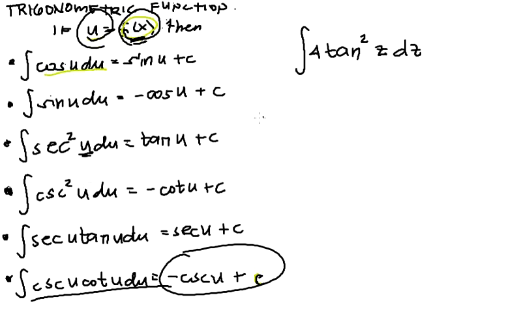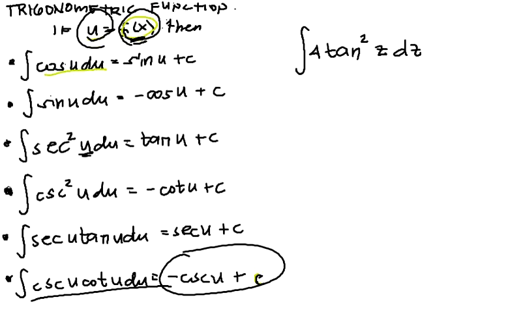Okay, so from your trigonometry, what can you say about this tangent square? Recall your trigonometry, the identity.